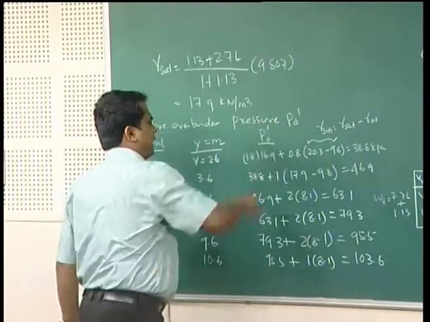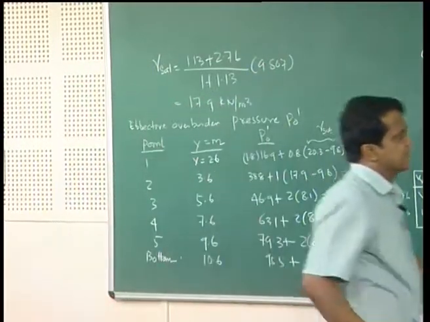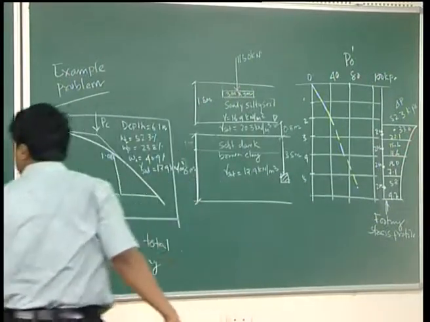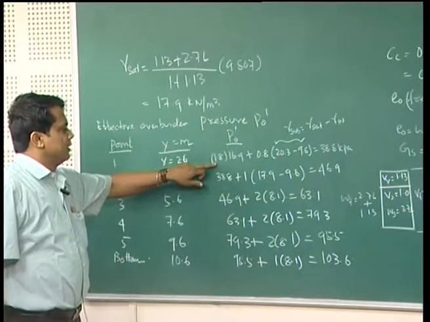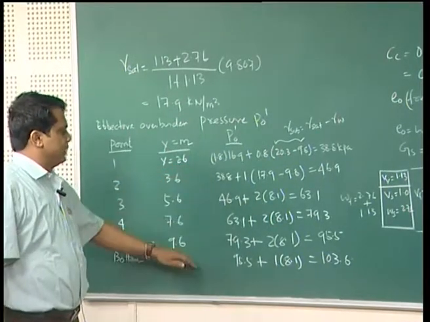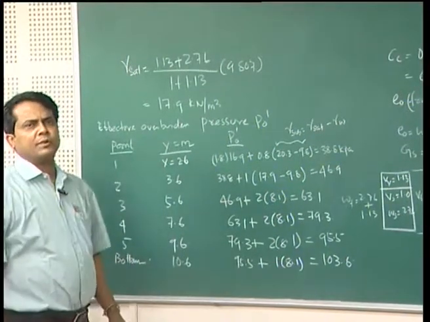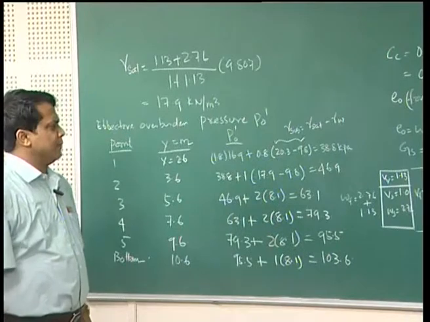The first calculation I have shown in detail; the second, third, fourth and fifth were made the same way. Below the water table it will be gamma submerged, above the water table it will be gamma bulk.